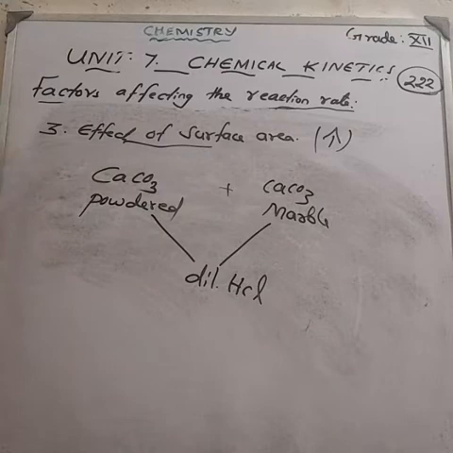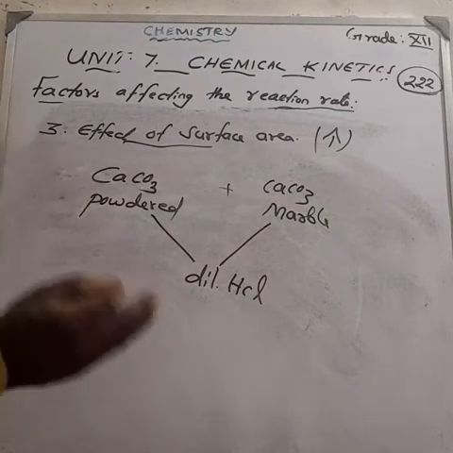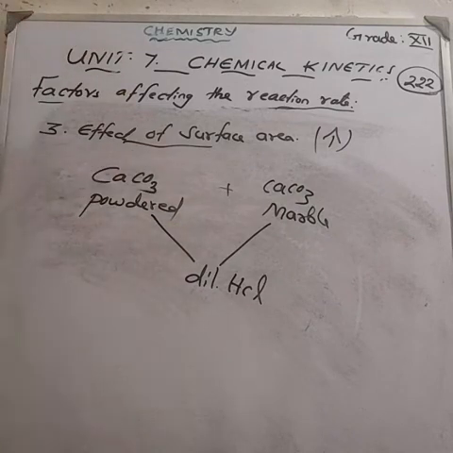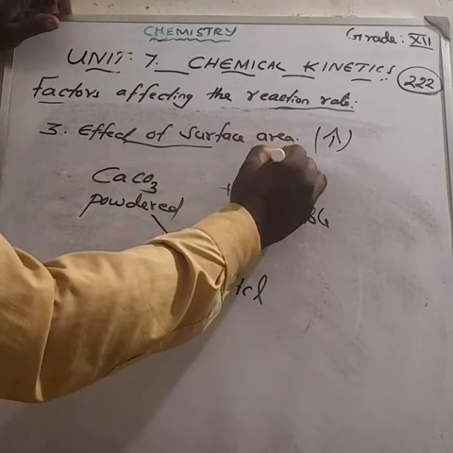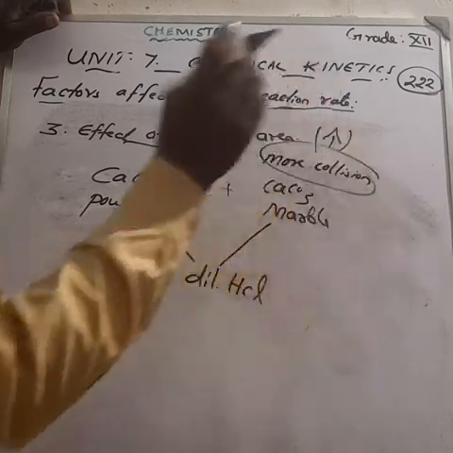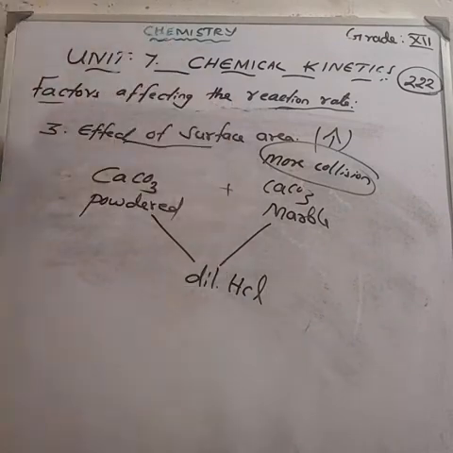So the surface area of the reactant plays a very important role in this reaction. For a given mass of the reactant, when particle size decreases, surface area increases. Increasing the surface area of the reactant leads to more collisions per liter per second, and the rate of the reaction also increases.